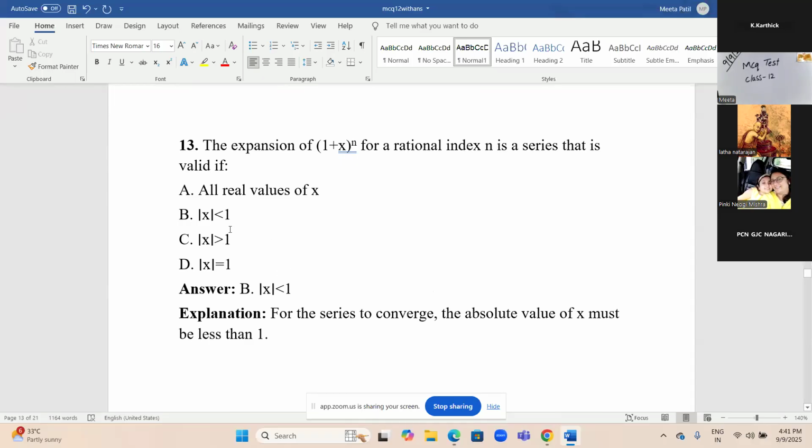So here you will have modulus x is less than 1. For the series to converge, the absolute value of x must be less than 1. If it is less than 1, only then will we get the rational index series. So the correct option is B.